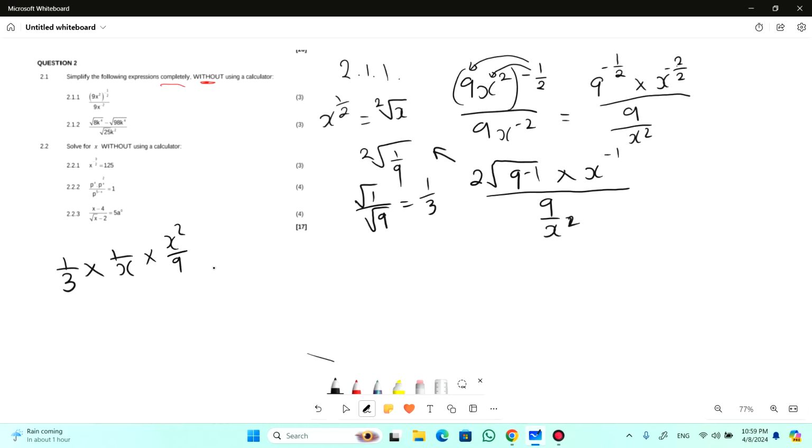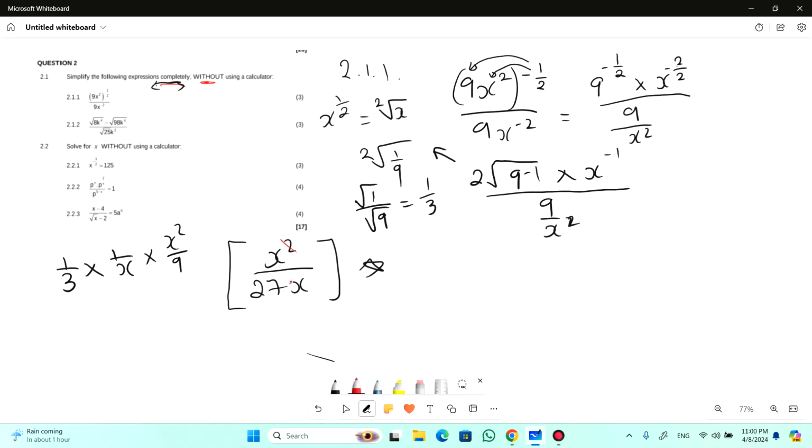Now, it's just simple math. So I have x squared on top, 9 times 3 is 27, and then times x. Now, this here is your answer. But if you go back to the instruction that says simplify completely, we need to simplify completely.